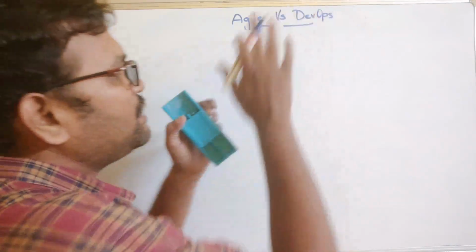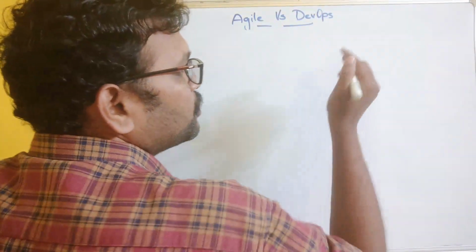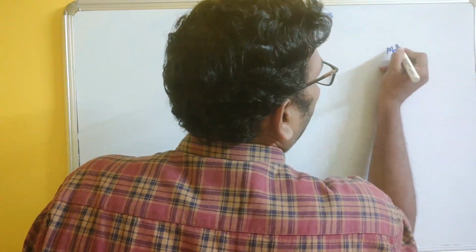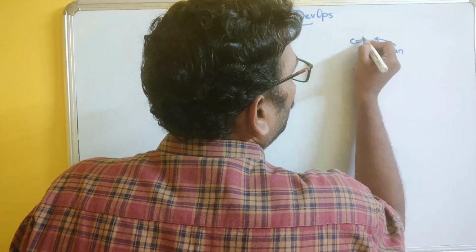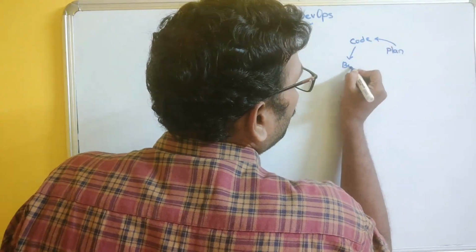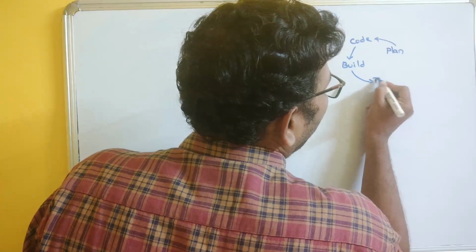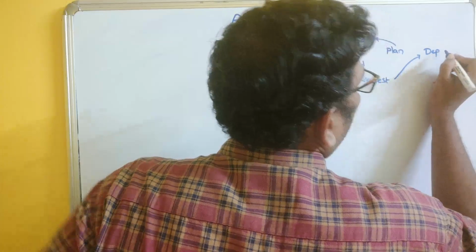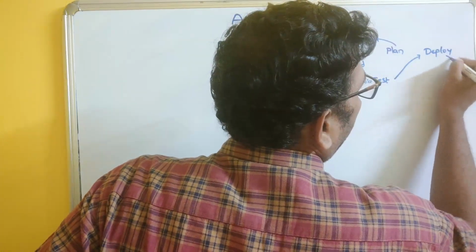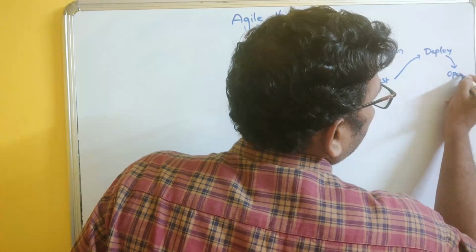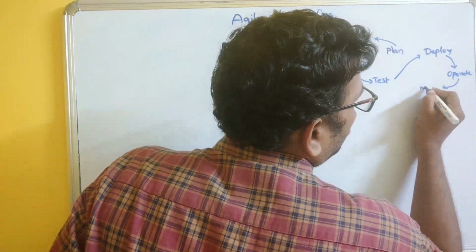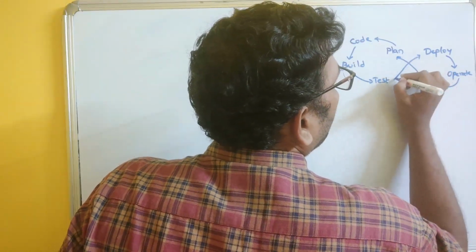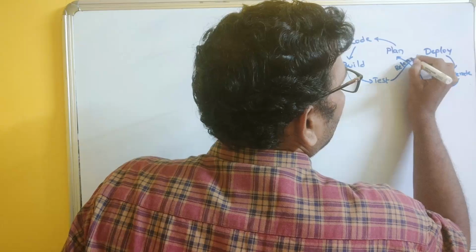So we know the representation of DevOps. What is the representation? We have seen plan, code, build, test, deploy, operate, monitor, and this is a release.